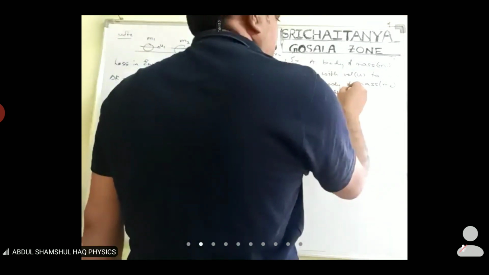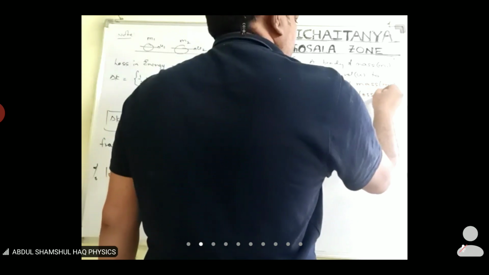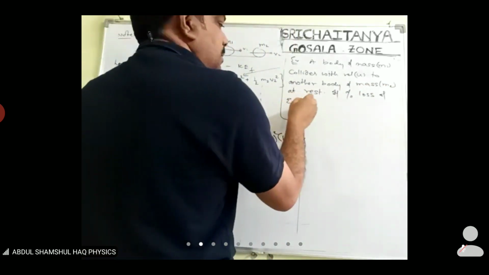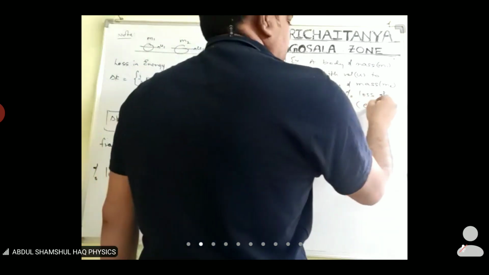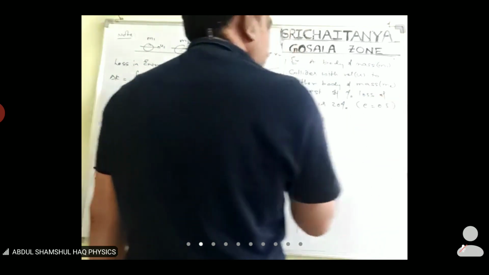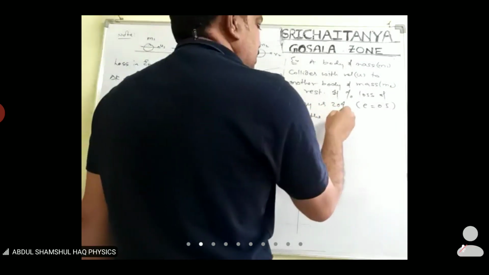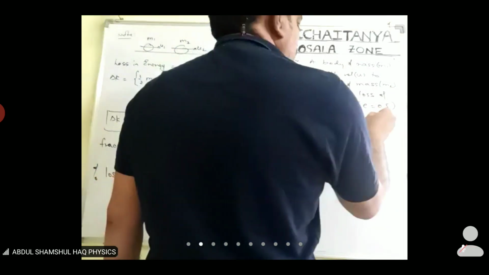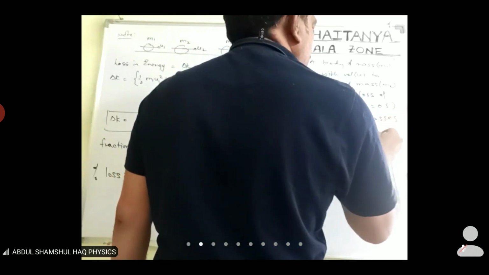If the percentage loss of energy is 20 percent and e is equal to 0.5, find the ratio of the masses. We need to find m1 upon m2.